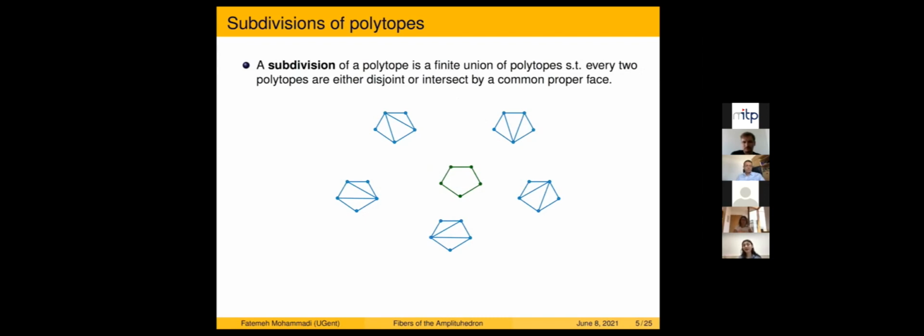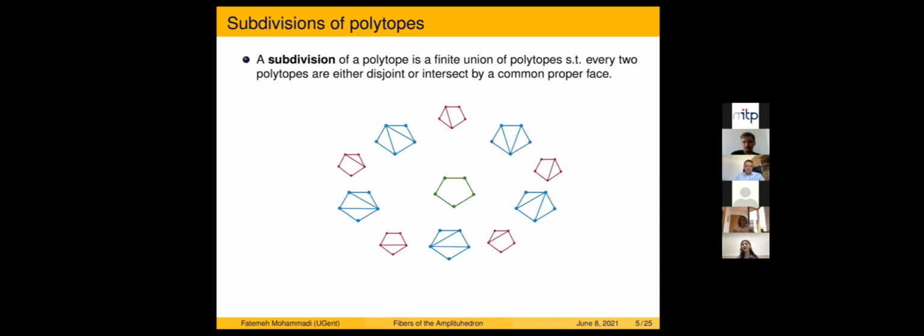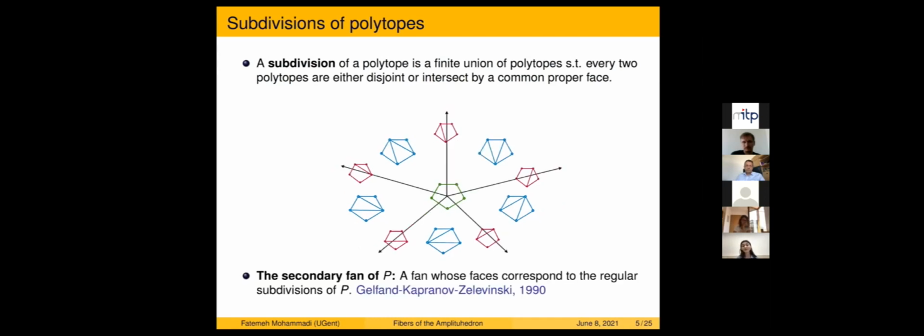And actually, you can even do more. There are subdivisions of this pentagon where you divide it into a quadrilateral and a triangle, and you can see them in this picture. More generally, we would like to understand all subdivisions at once. This work was started by Gelfand, Kapranov, and Zelevinsky back in 1990, when they studied the secondary fan of polytopes, which is the polyhedral fan whose faces correspond to different subdivisions of your polytope.